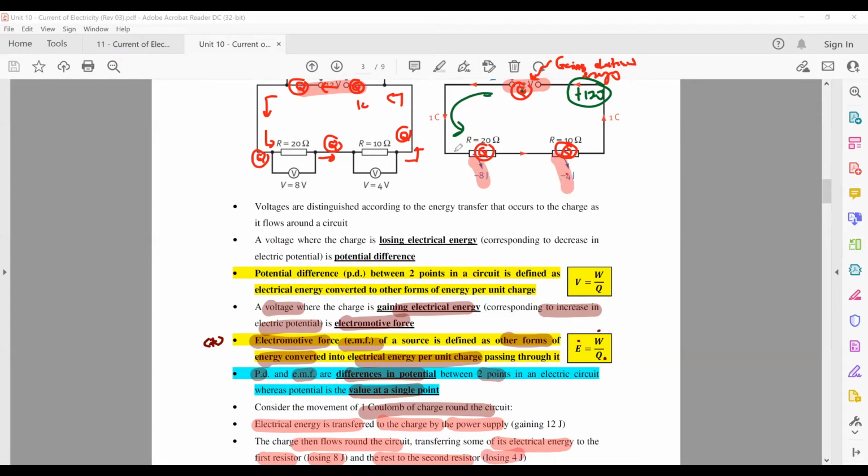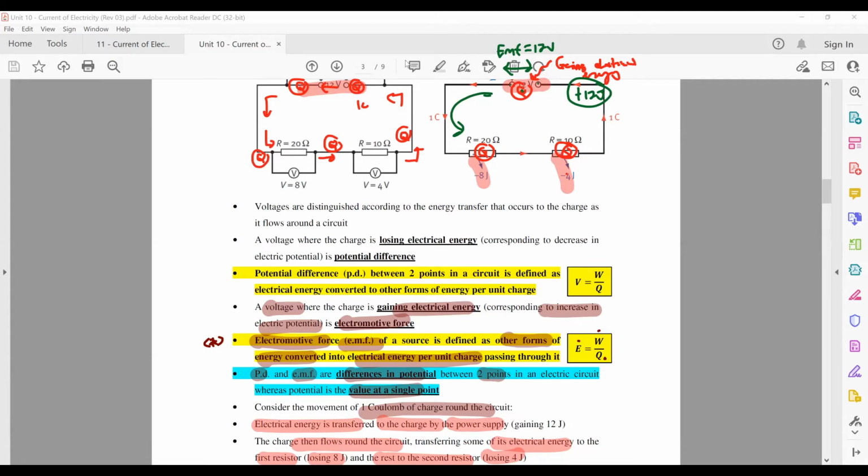During this time when it kept losing and gaining electrical energy, that is what causes changes in potential. So what I could say here is that my EMF was defined as 12 volts. It means that the difference in potential between the 2 points across the battery is 12.